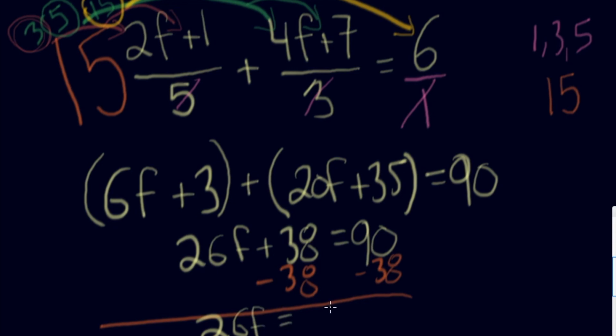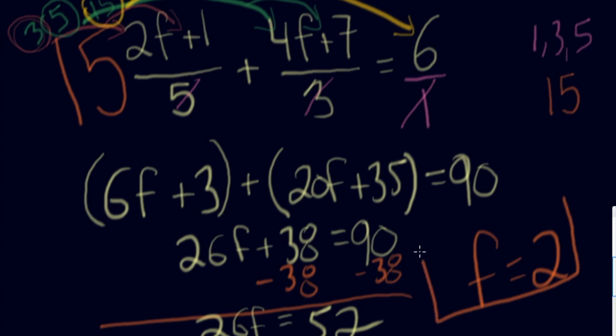What do we got here? We got 52, I think, is equal to 52. Divide both sides by 26, and I believe f will equal, boom, 2. Woohoo! All right, so there you have it.